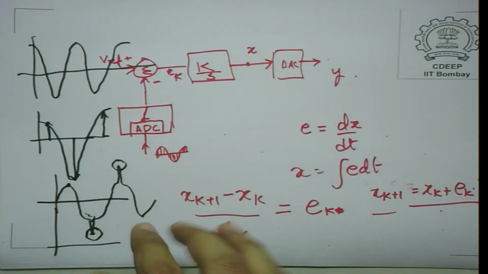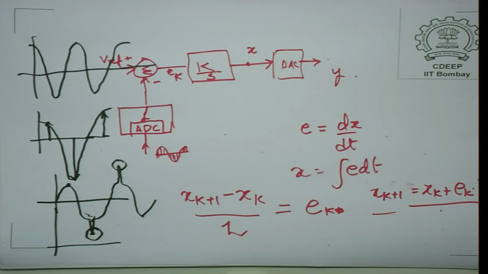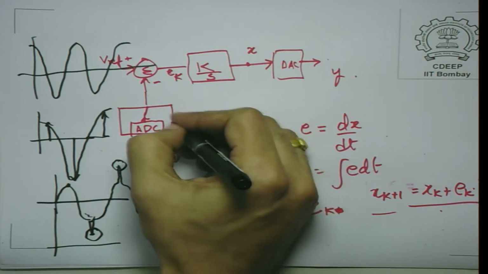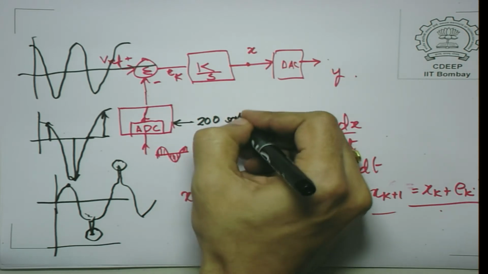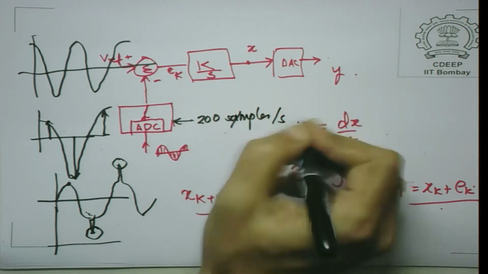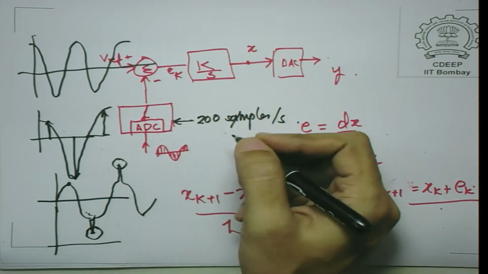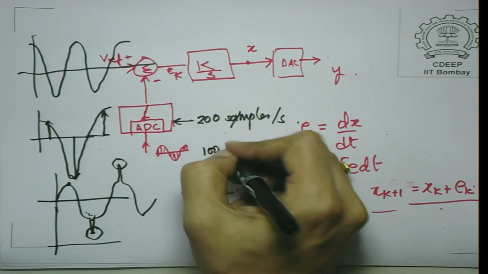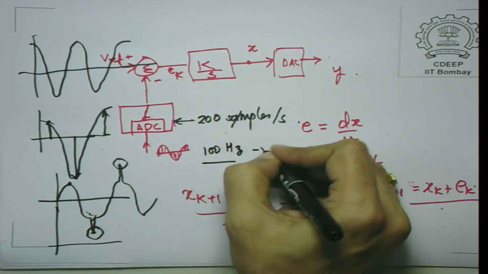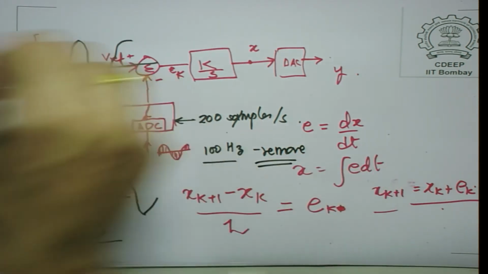So, before sampling, if you have decided your sampling frequency is, say, 200 samples per second, make it a point to filter out this waveform to remove any high frequency components. What high frequency components? Anything greater than 100 hertz, remove. If you do not do that, you may end up having wrong inferences when you sample.